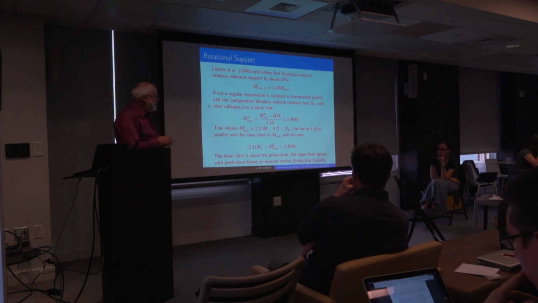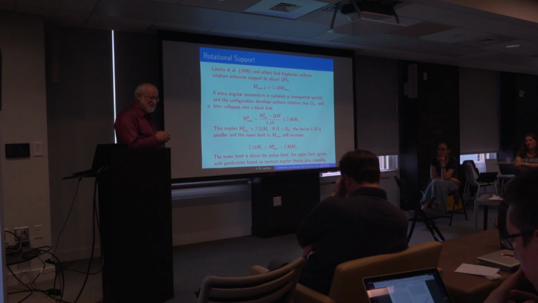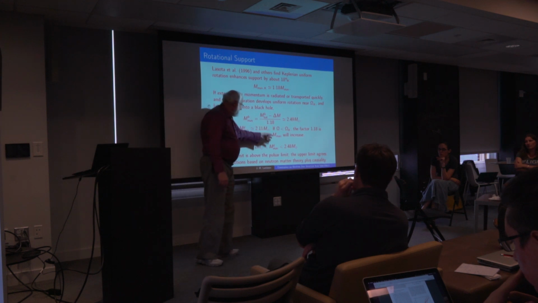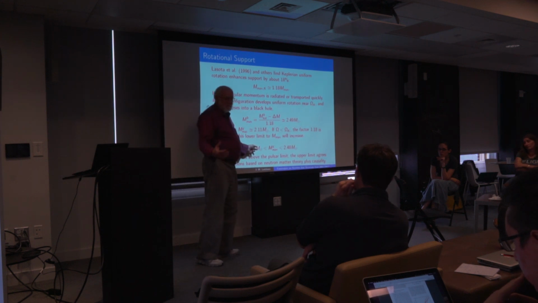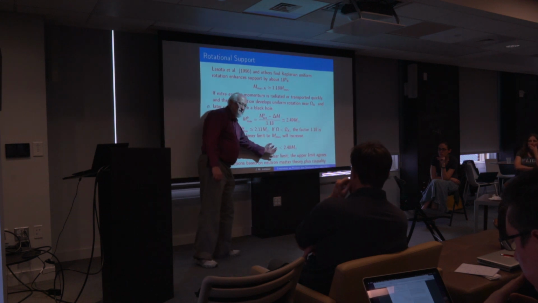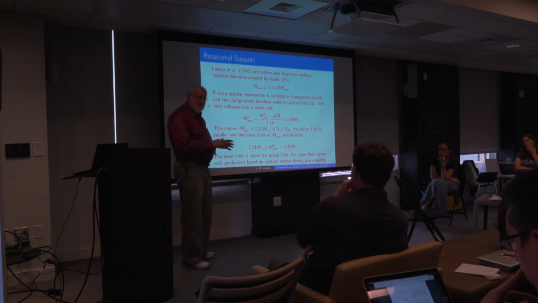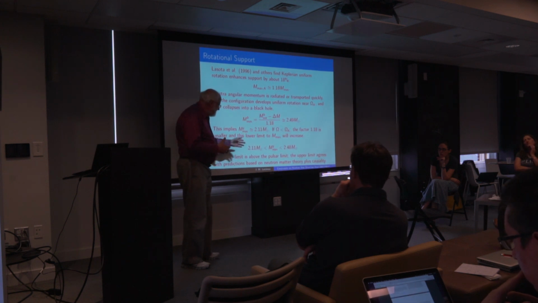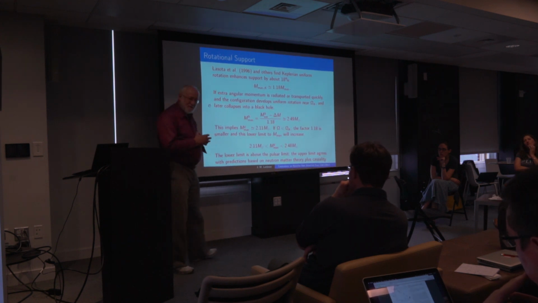But if you lose so much angular momentum early that you don't have 18% support, but say 10% support, then the lower mass limit would be raised by, say, 2/10 of a solar mass. We begin to squeeze this. So it's very crucial to figure out exactly how much rotational support will exist before the remnant collapses into a black hole.